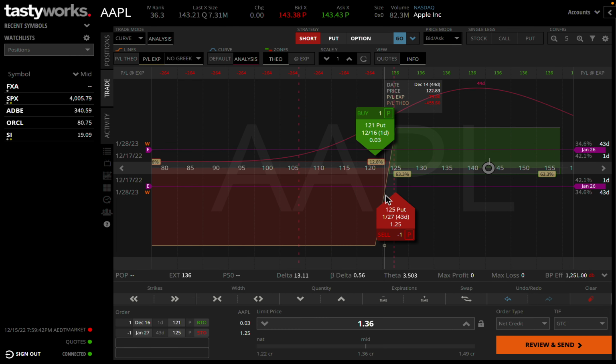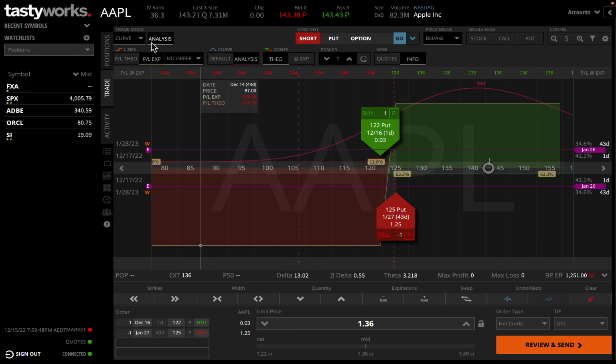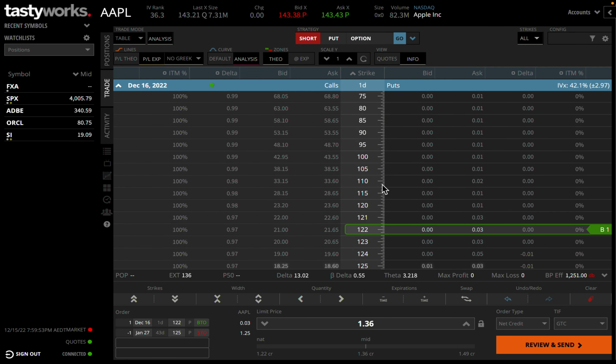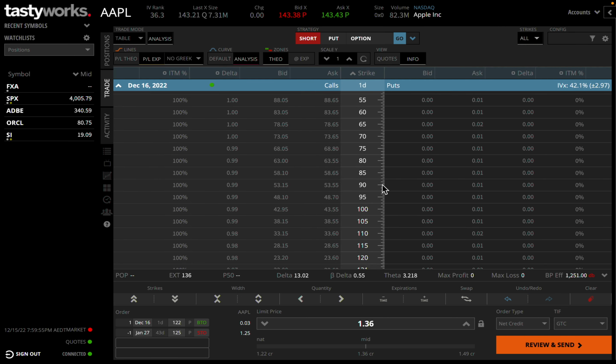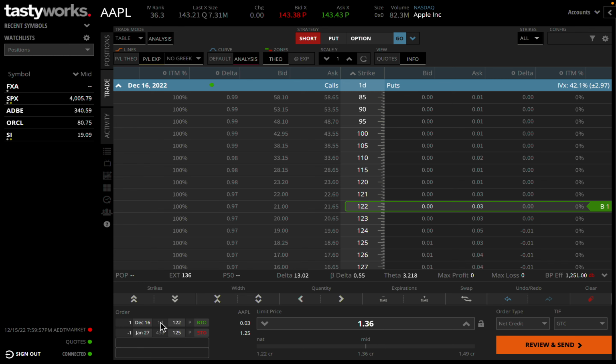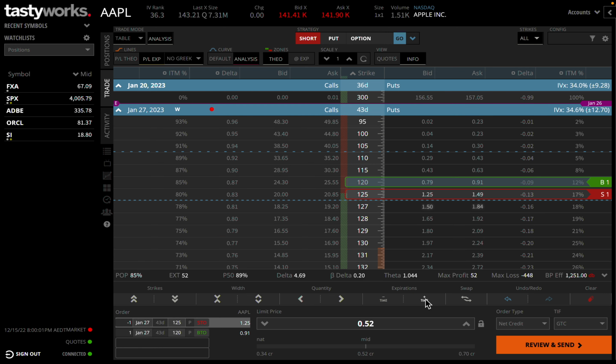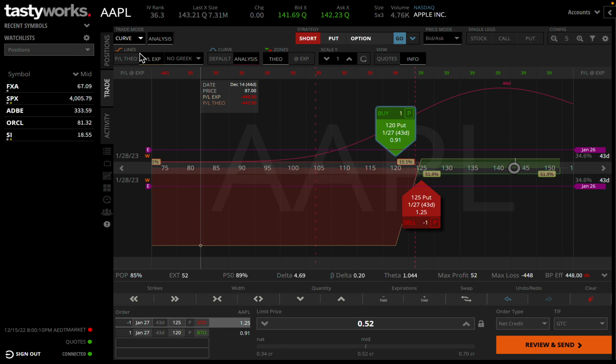Now, depending on the gap you put here, the smaller this gap, so let's say 120, actually let's go to the table to make it easier. Oh, the different expiries. Oops, let's make sure they're the same expiry. There we go. So we put them close together like that with just a $5 gap difference, you see.